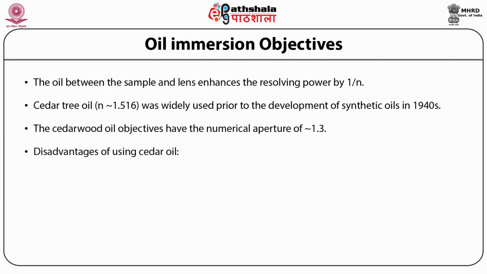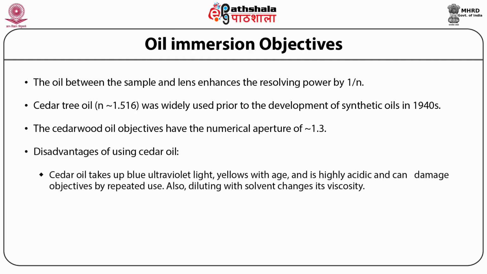The disadvantages of using cedar oil are that it absorbs blue and ultraviolet light, yellows with age, and is highly acidic and can damage objectives by repeated use. Also, diluting with solvent changes its viscosity.